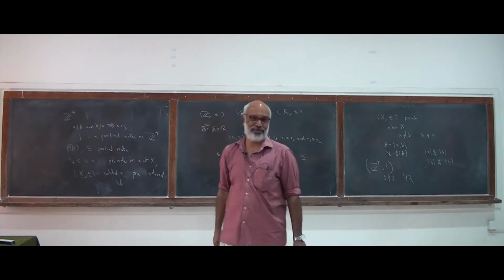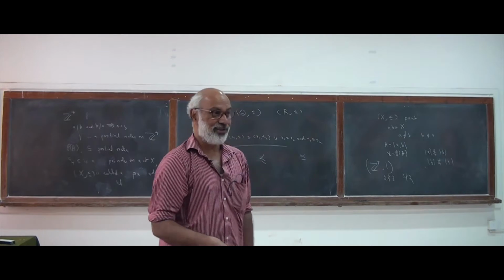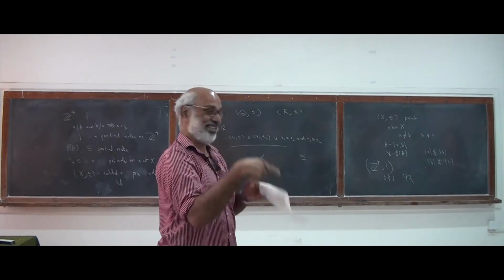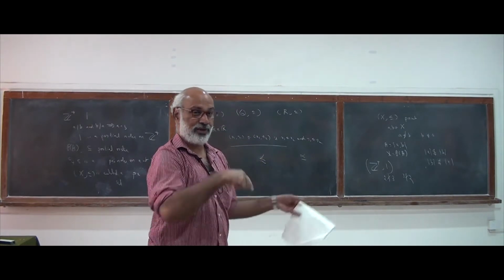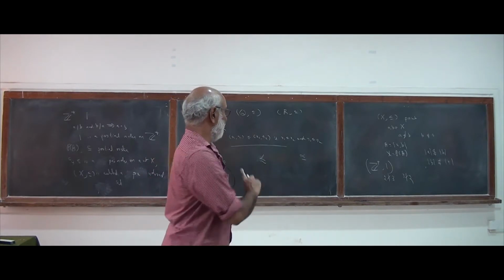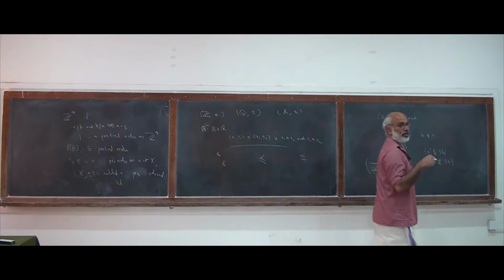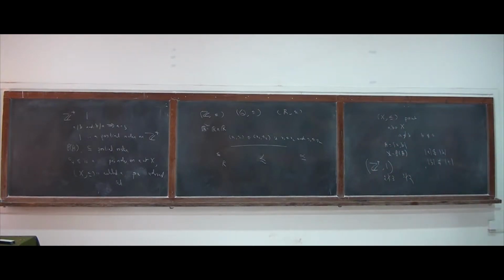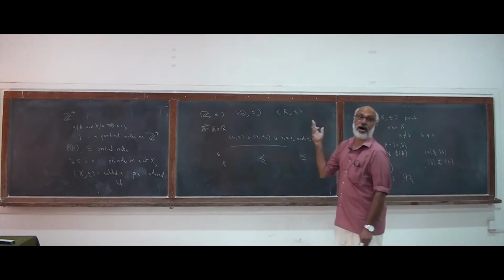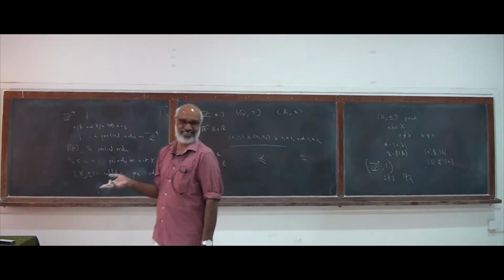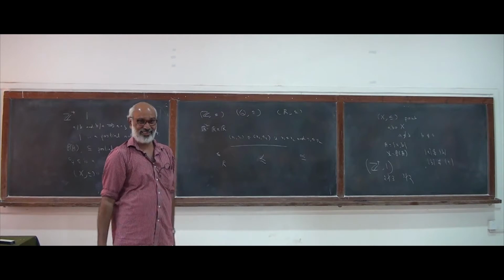So they are not comparable. Whereas 2 divides 4, 3 divides 6, and 2 divides 6 also. But 2 and 3 are not comparable in the sense that 2 does not divide 3 and 3 does not divide 2. That is why this structure is called a partial order, in the sense that it is not complete or total.